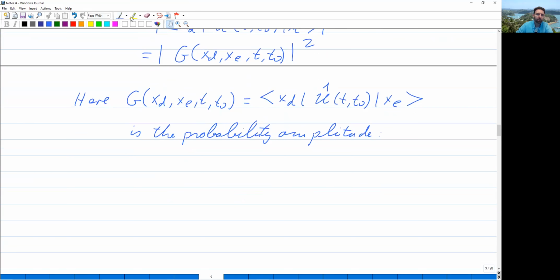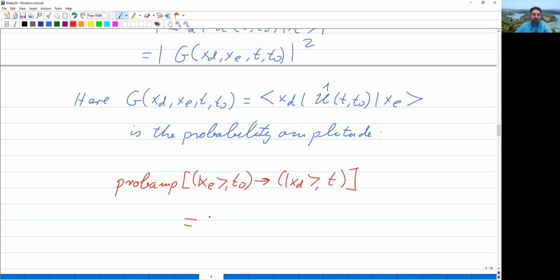And we will write it in the following way. We used to write the probability, now we write the probability amplitude of the particle, such as a neon atom, to start at the emission place at time t0, and then to travel to the detection place at time t. That probability amplitude is a complex number, and it is ⟨xd| û(t, t0) |xe⟩, right?